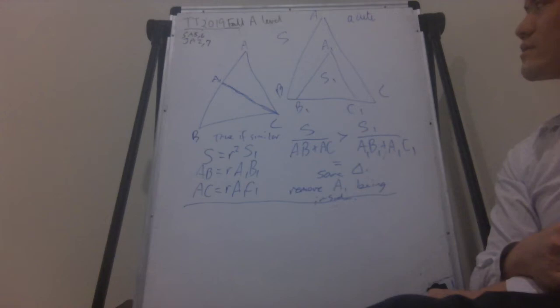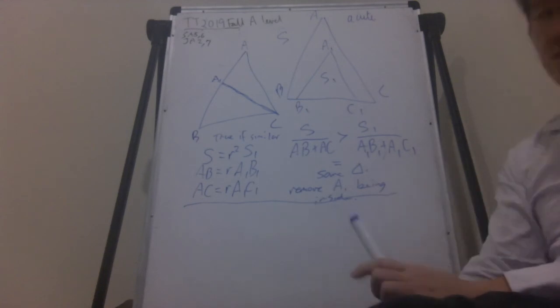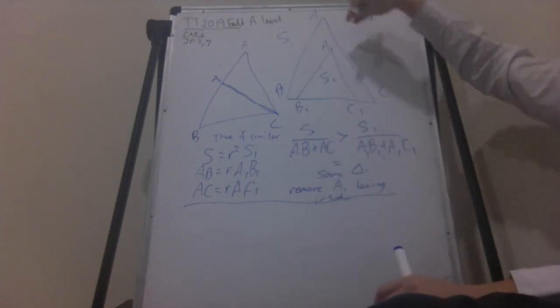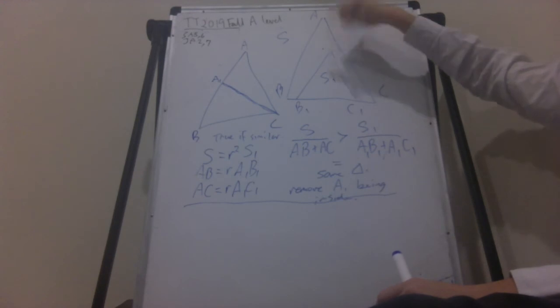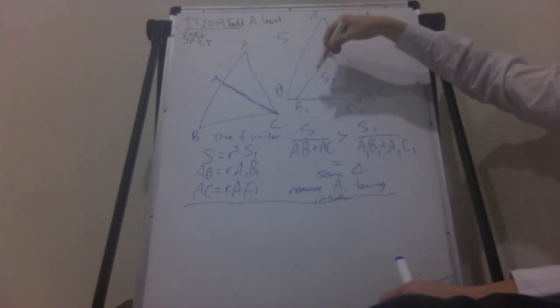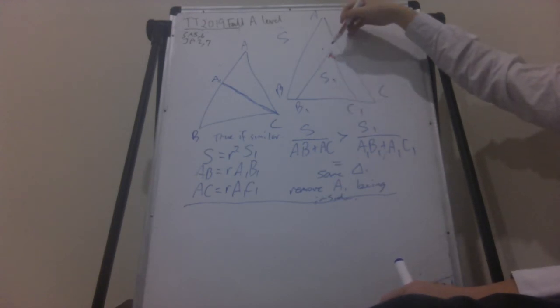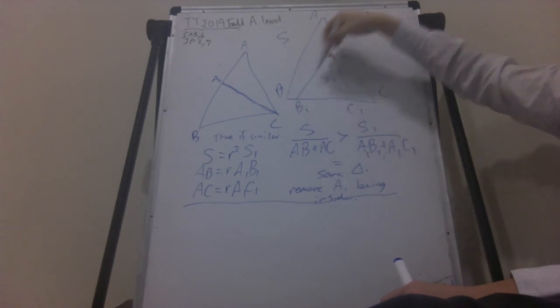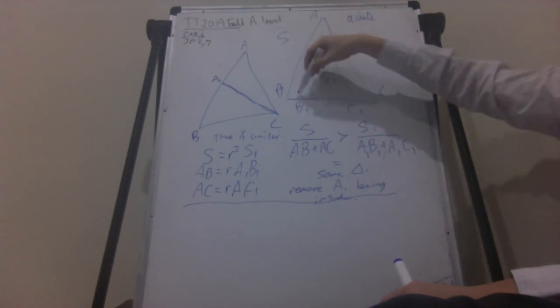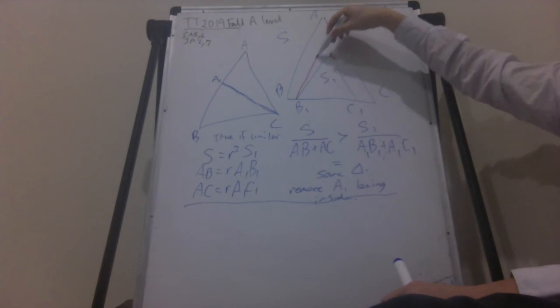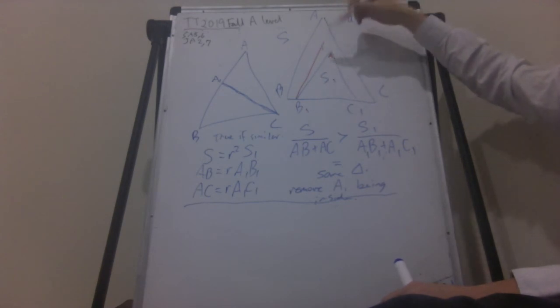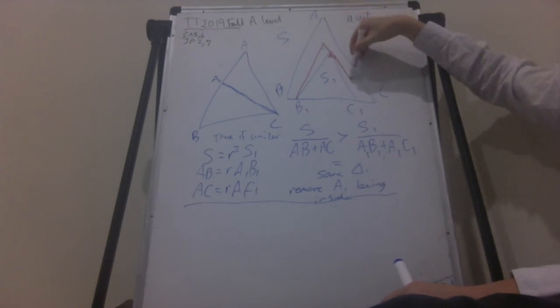Okay, so the fact it can be similar allows you to do a lot of cool things, okay? So for example, if this is A1, you can make it similar. So you can draw it like here, and make it similar.